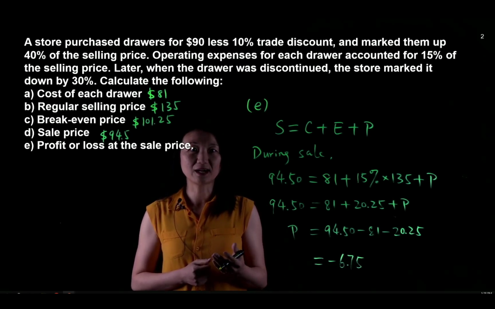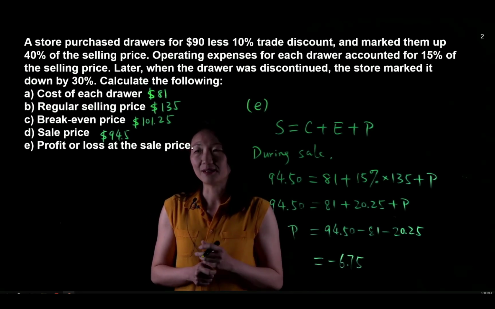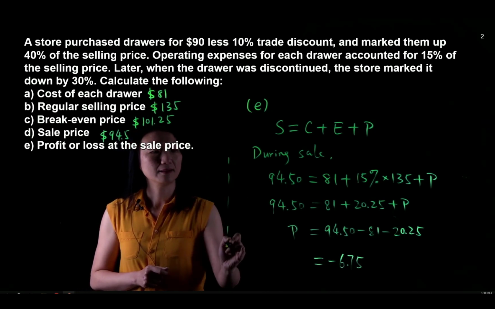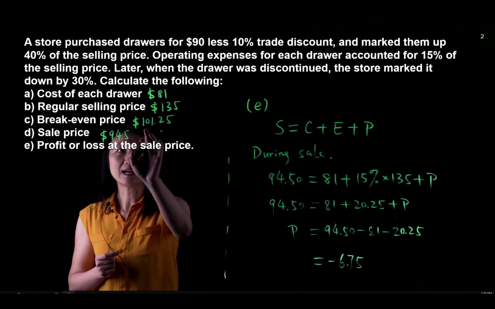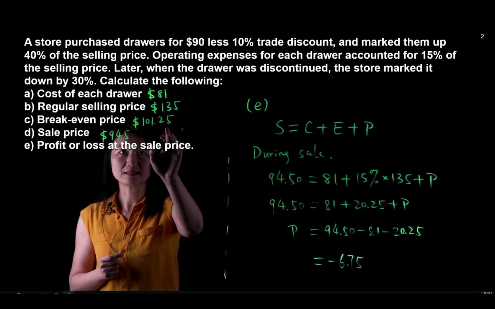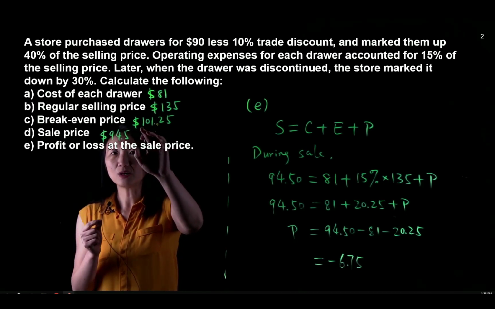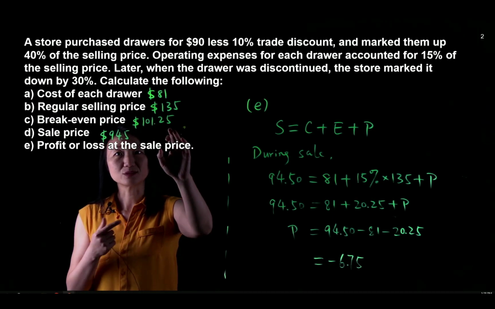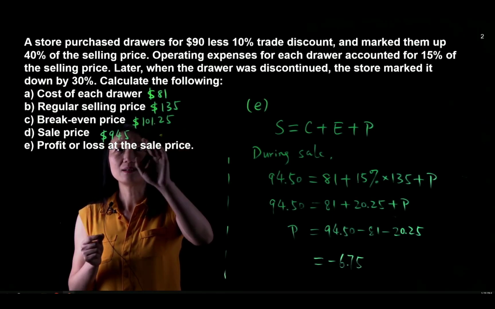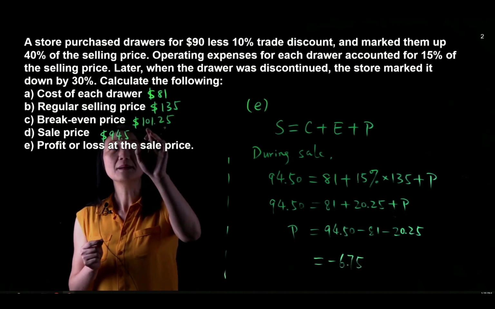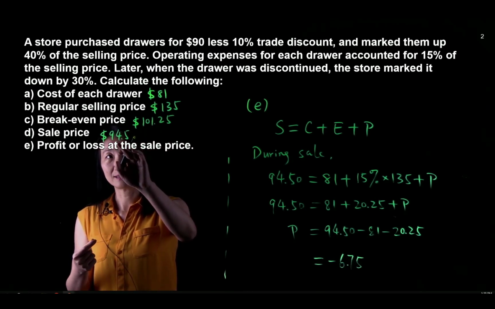It's another way to calculate profit or loss during the sale. We already know the break-even price is $101.25. That means if a drawer is sold at this price, the store doesn't make any money. However, during the sale, the store is selling the drawer below the break-even price.